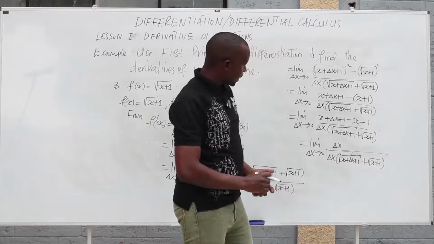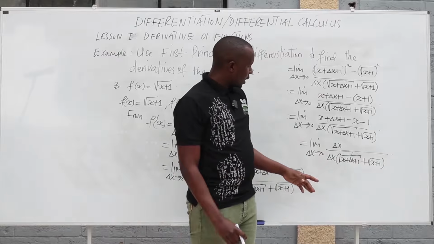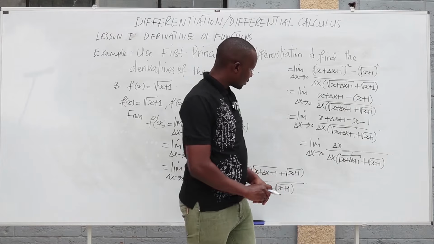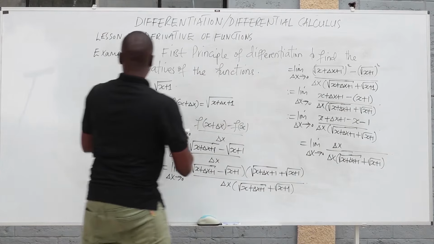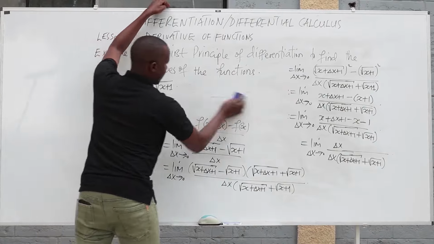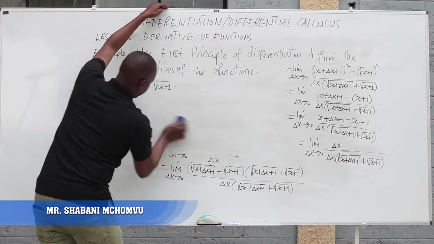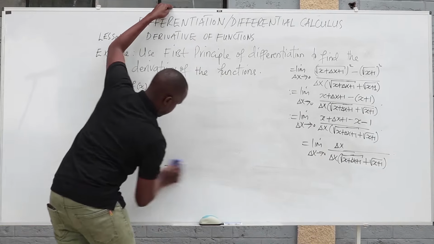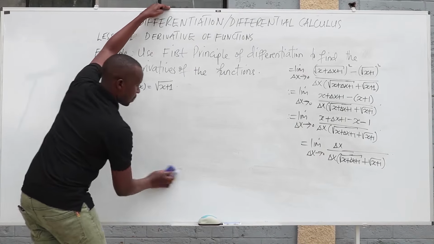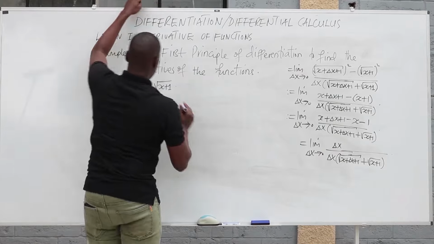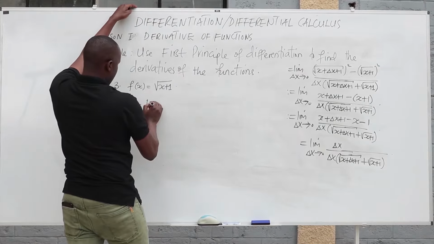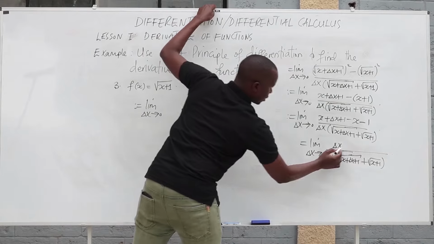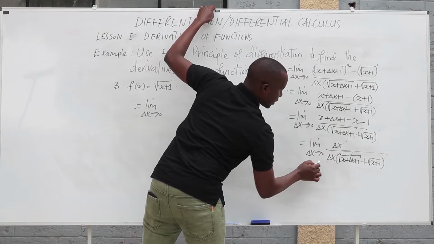Having reached that stage, we are now allowed to simplify the change in x with the change in x. Once that goes, we are going to have a limit as change in x approaches 0. This one and that one cancel out.